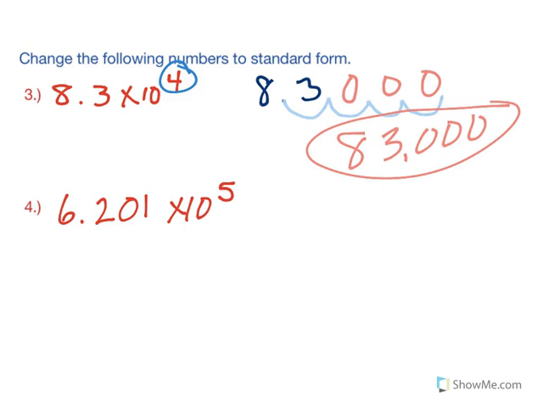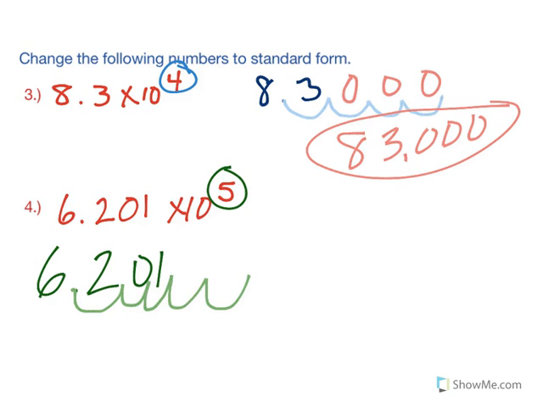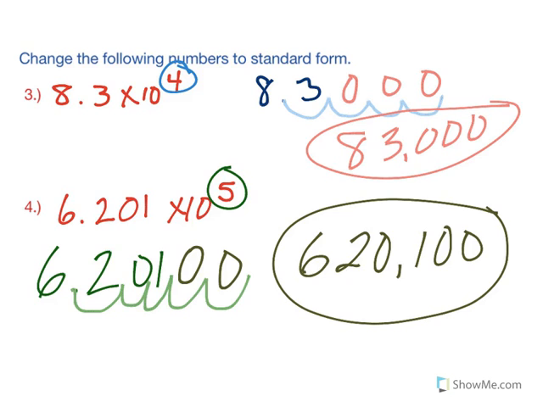So now let's look at this, where I have 6.201, and I'm going to move it 5 places. So my decimal goes 1, 2, 3, 4, 5. And in those 2 humps come zeros, so I have 620,100. And there is going from scientific to standard. So the exponents really are the mover of all things decimals.